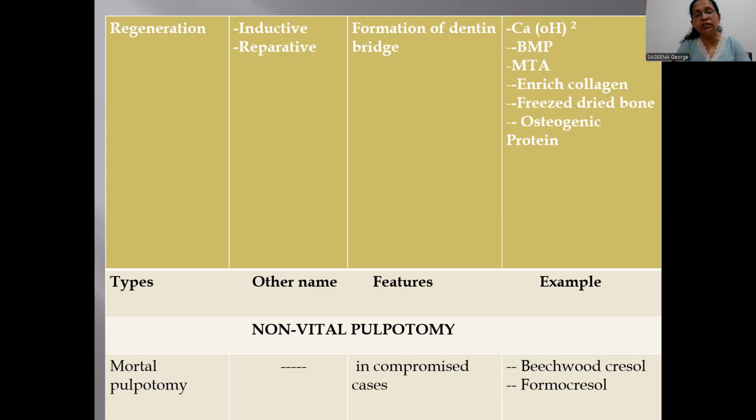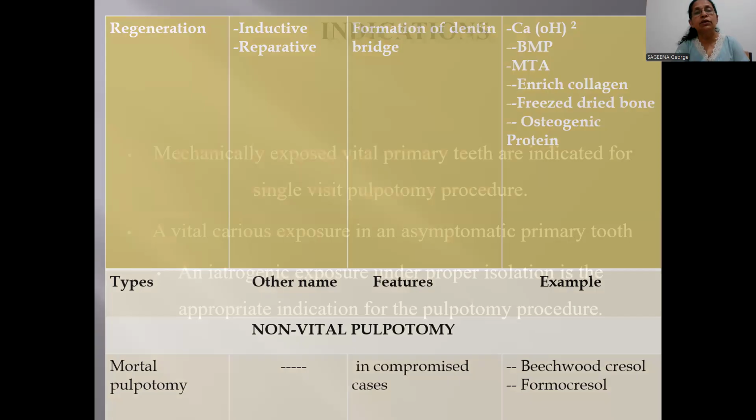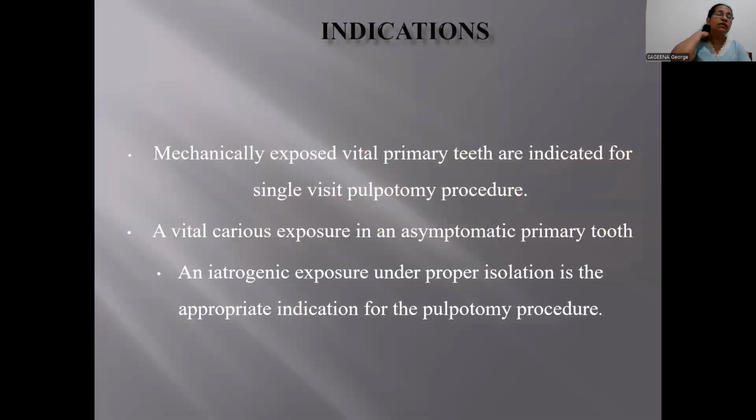In such cases, the necrotic coronal pulp is removed and the infected radicular pulp is treated with strong antiseptic solutions like beechwood cresol for 2 to 3 weeks, and later on it is replaced by an antiseptic paste. So that is about the pulpotomy techniques.